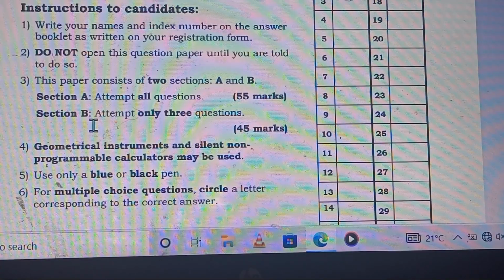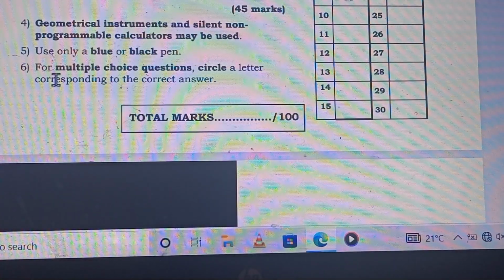For Section B, you attempt only 3 questions for 45 marks. Instruction 4: geometry instruments and scientific and programmable calculators may be used. Use a blue or black pen.